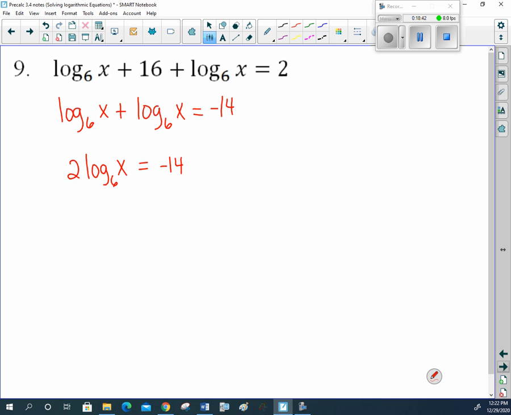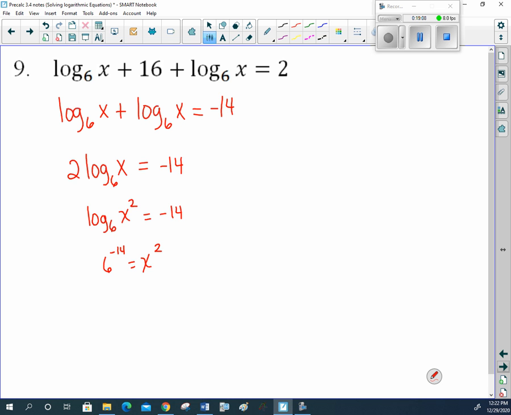And then I'm going to go ahead and raise that to the second power. So log base 6 of x squared equals negative 14. And then we'll just go ahead and do a rewrite. So 6 raised to the negative 14 power equals x squared.